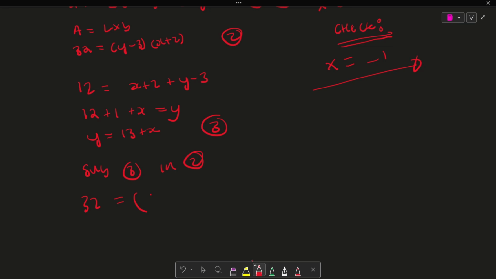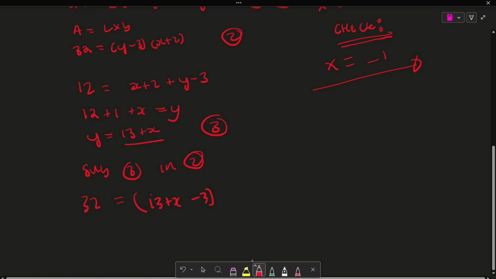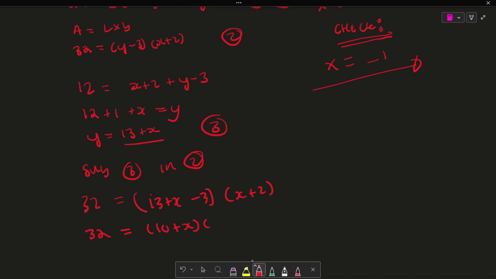I'm going to put this in the place of y, so it's going to be (13 plus x minus 3)(x plus 2). Essentially, this becomes (10 plus x)(x plus 2).